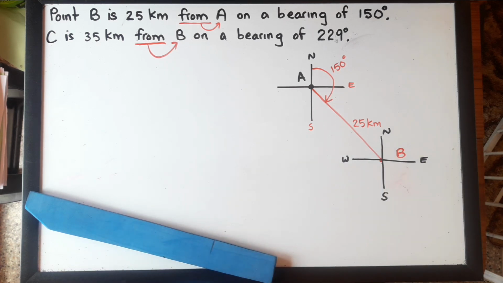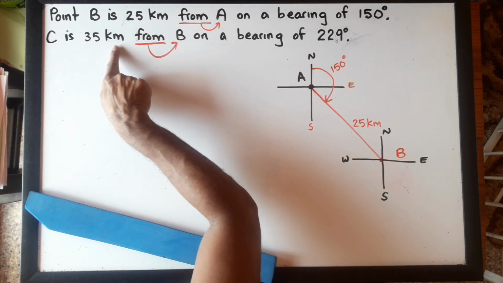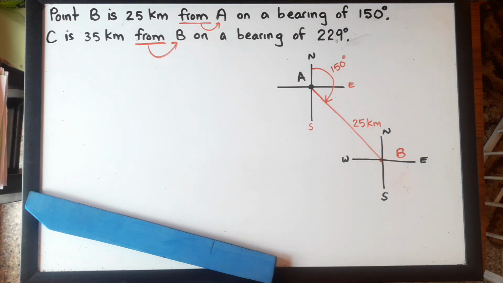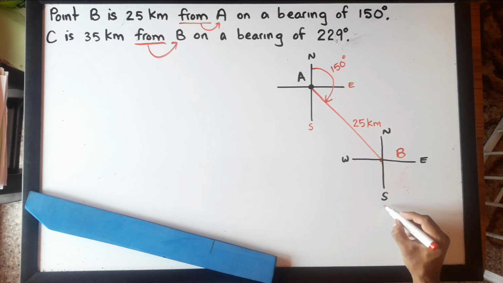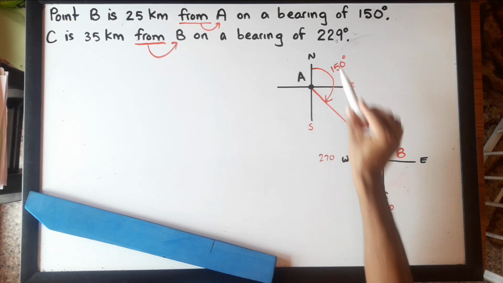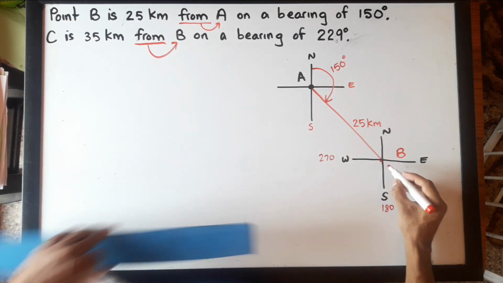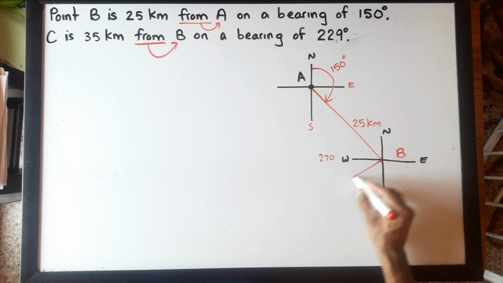So he is at point B now and he wants to reach point C. So he needs to walk 35 kilometers on this bearing, 229. Where is 229? Well, north is 0, east is 90, south is 180, and west is 270. So 229 will be in between. So let's assume he walked this way.